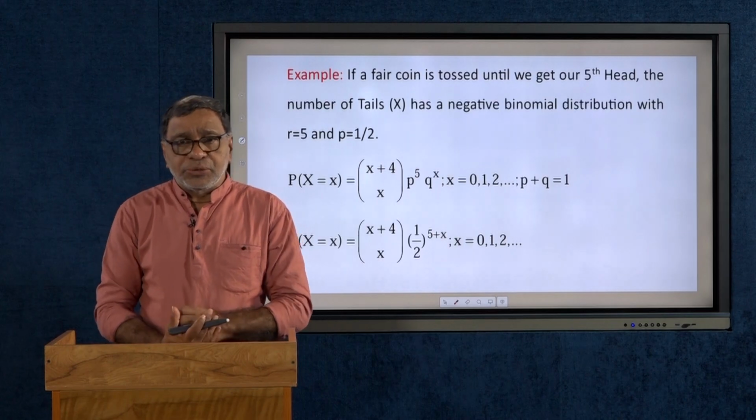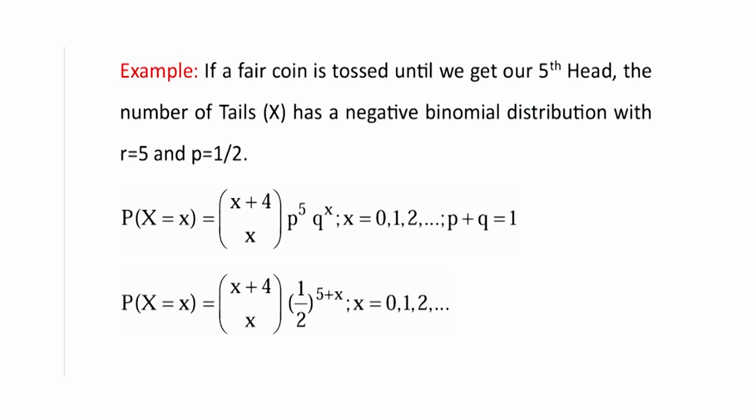An example, just note: suppose we have a fair coin that is tossed until we get our fifth head. Suppose we fix the number of heads as 5. We are aiming to get 5 heads, and so we perform the coin tossing experiment until a fifth head is obtained.